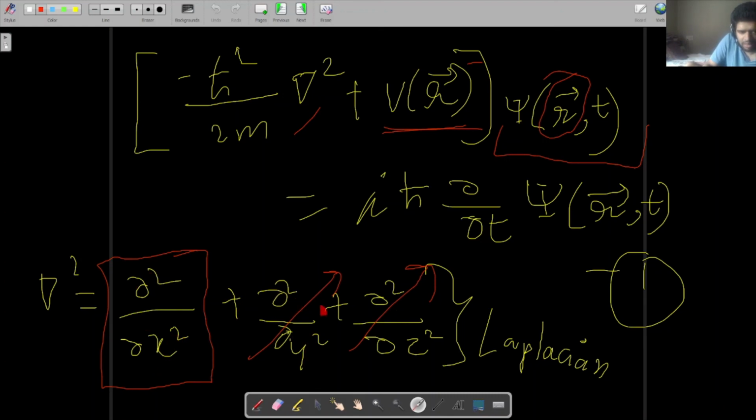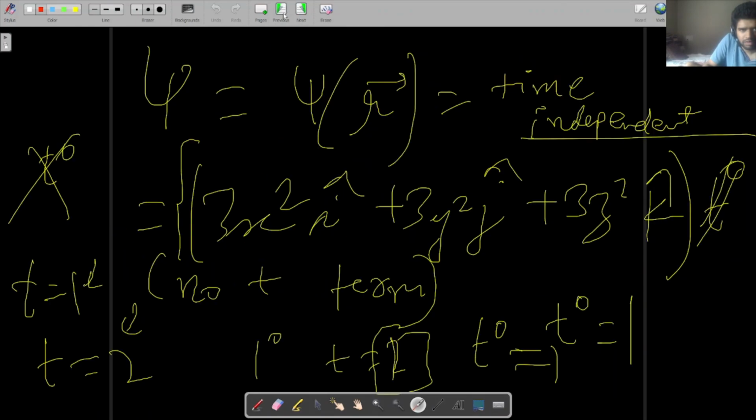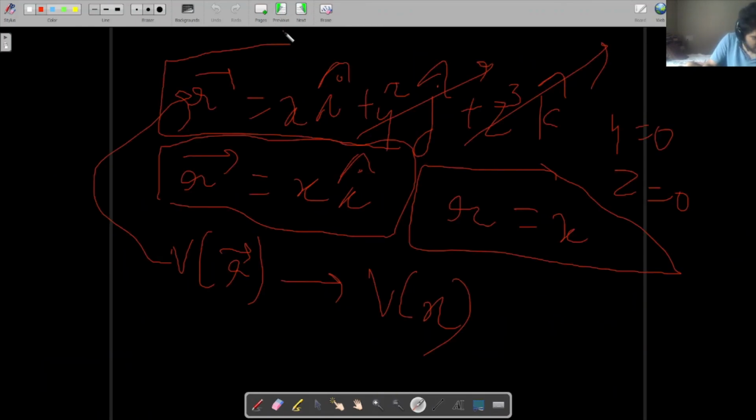All the three terms won't remain in it. It will reduce to this. So this is the thing. Now we will move on towards the time independent Schrodinger equation, or the steady state form of the Schrodinger equation.